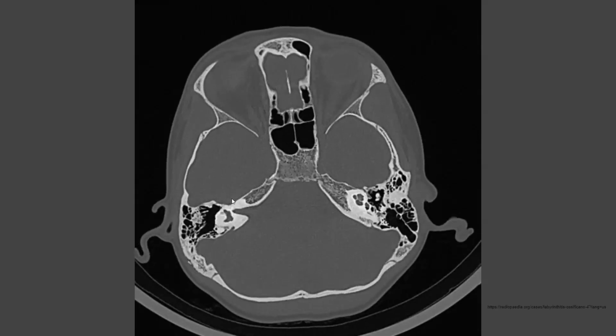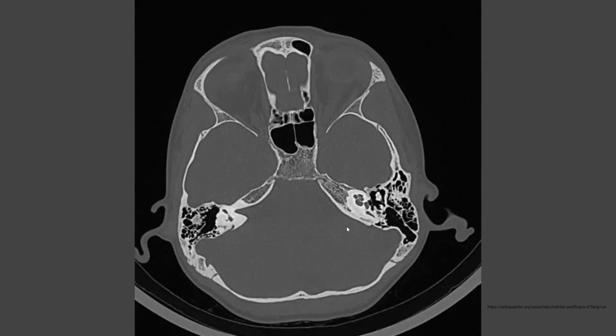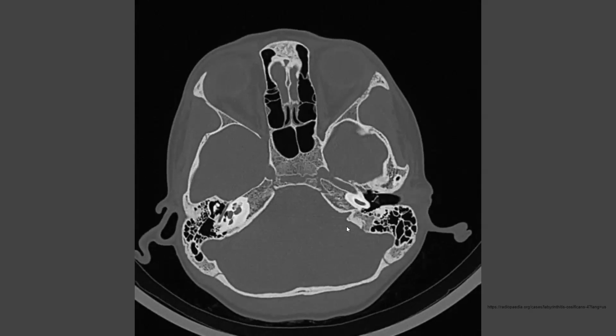The normal side is the one with the lucency, right? These inner structures should again be lucent. The abnormal side has increased density within the cochlea. So this should be the basal or outer turn of the cochlea, but right here it is filled with bone. The middle turn is right here, and this is filled with this increased density.